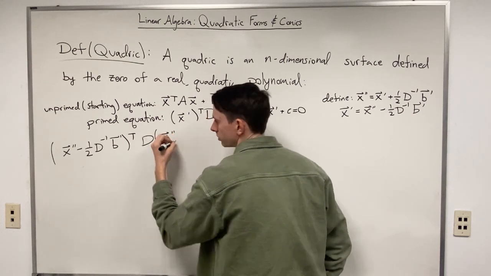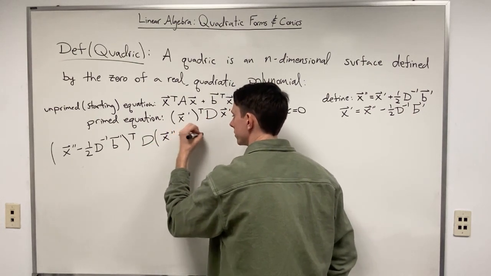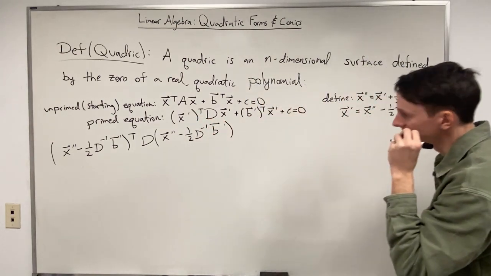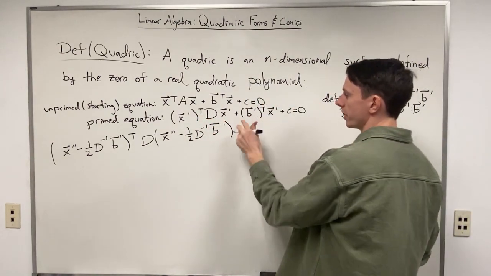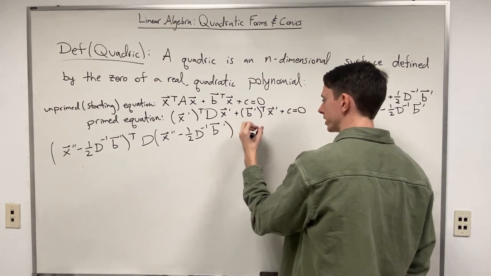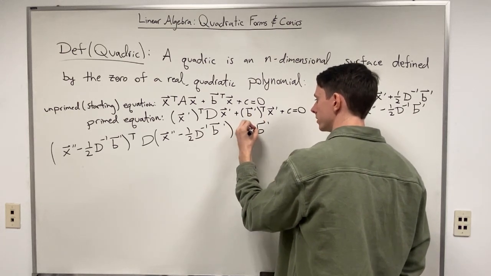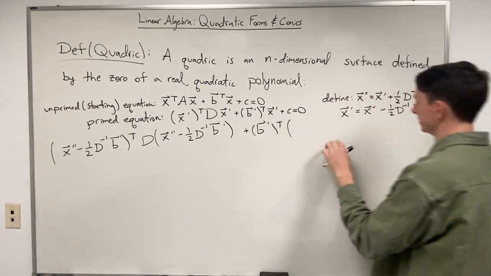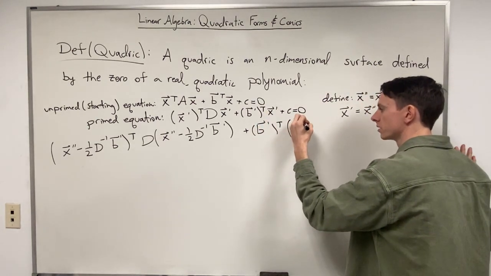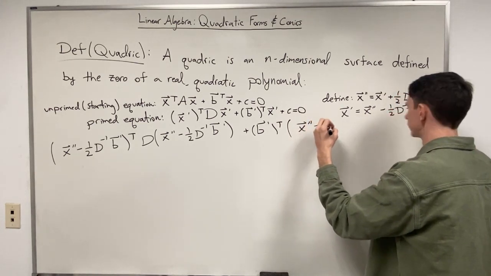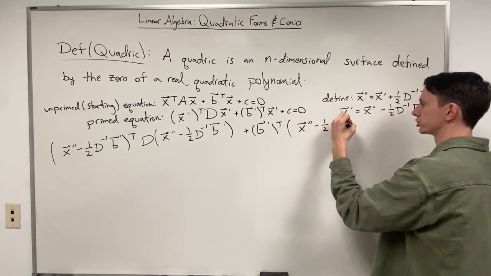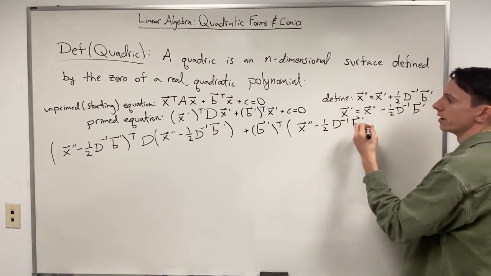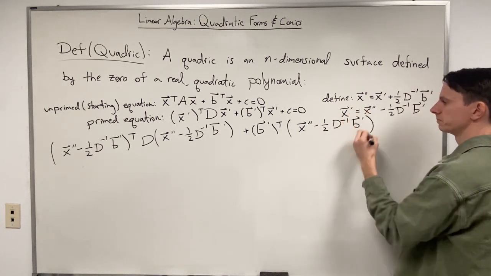So x double prime minus 1/2 D inverse b prime, like this, takes care of the quadratic term. Then I have plus b prime transpose times x prime, which again is this quantity. And again, the reason for doing this is so we can get an equation solely in terms of the double primed coordinate. And then everything should work out.